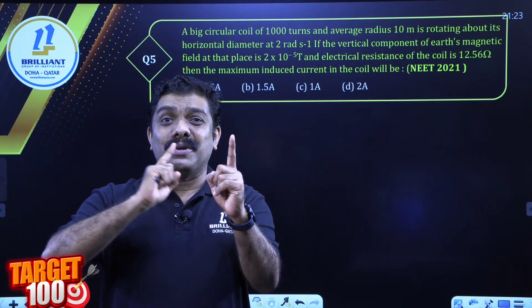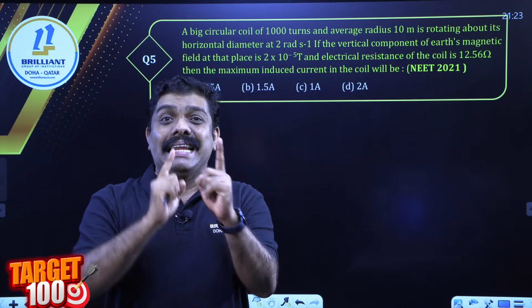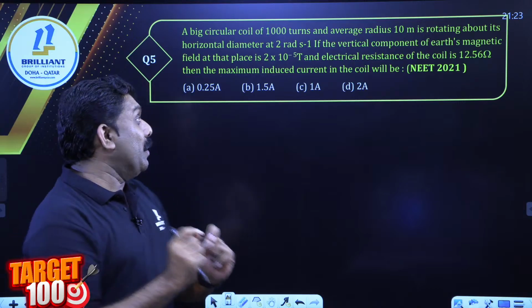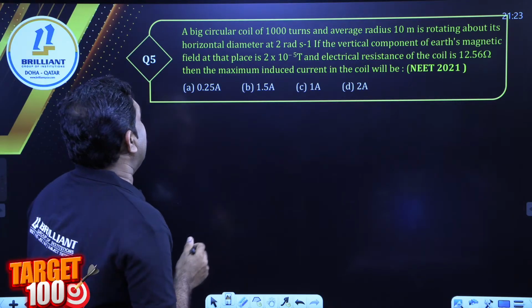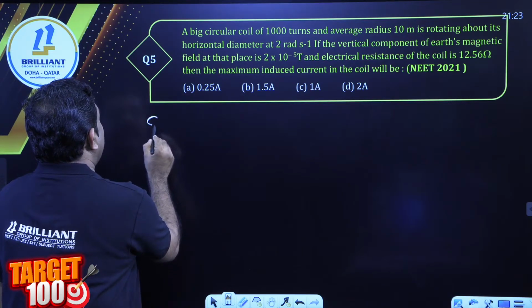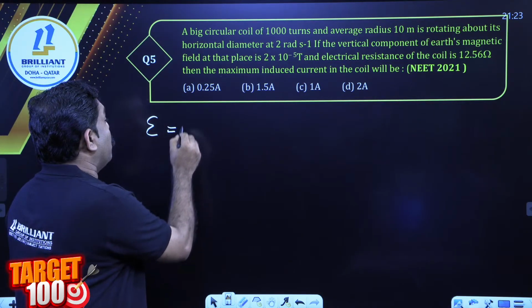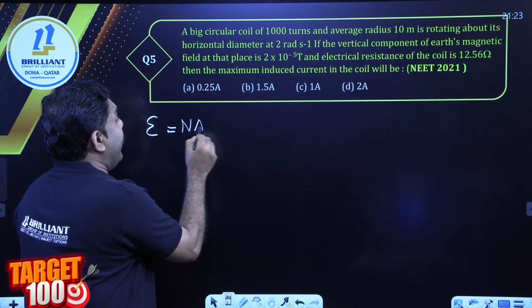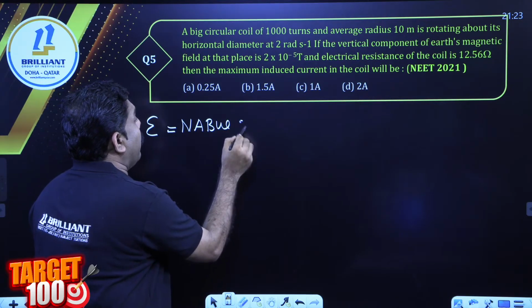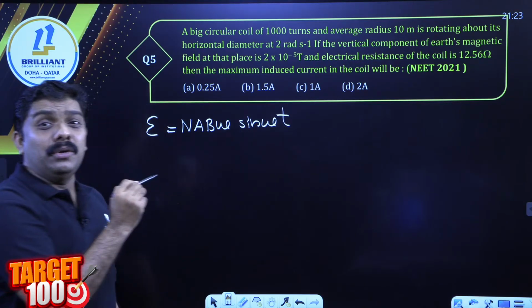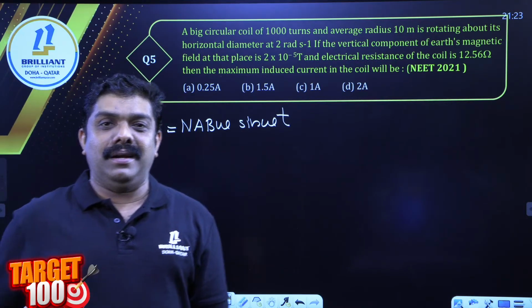When the armature coil is rotating, an EMF will be induced in it. You know what that induced EMF equation is? The induced EMF in an armature coil is NAB omega sin omega t.